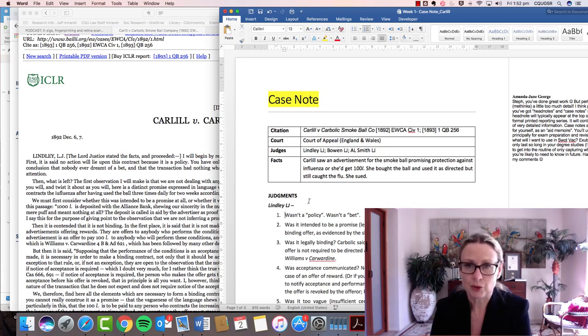Now, that is not a ratio, okay? In such a case, if you had two judges deciding one way and one deciding another way, then only the two judges that agreed on the reasoning to get to that conclusion will be the ratio. You'll never find the ratio in the dissenting judgment, okay?